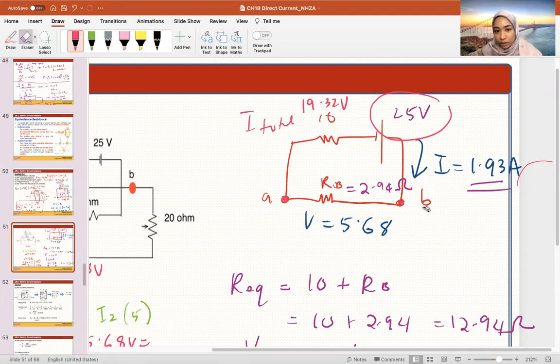Okay, so 25 is the total. It gave out 5.68 to RB. So it has to give out 19.32 to the 10 ohm, right? Okay, so if I don't want to use Aliana's approach, which is minus the 5.68, because I have not figured out what is the voltage here, I just know what is the I. I have this I and I have this 25.